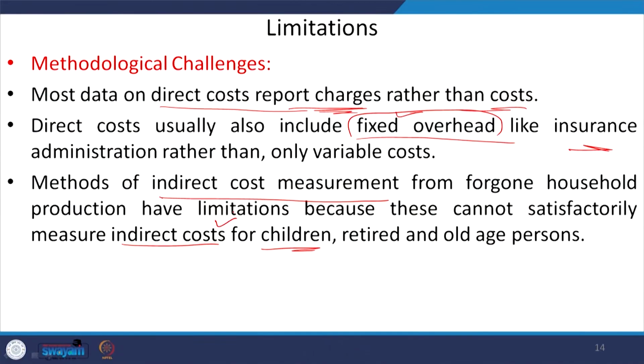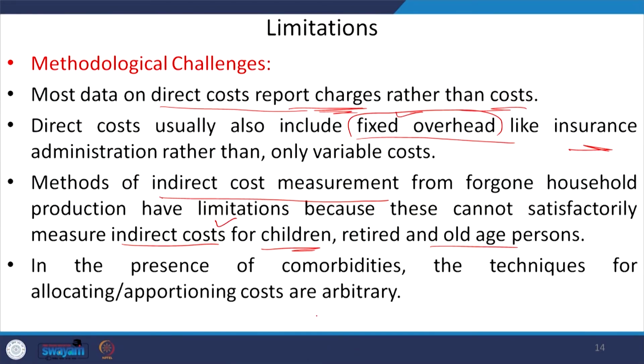That means we cannot have a satisfactory method of measurement to deal with indirect costs for children, old age, or retired persons. And moreover, in the presence of comorbidities, that means during the same time you are having different sicknesses, the techniques for allocating or apportioning costs are very arbitrary.